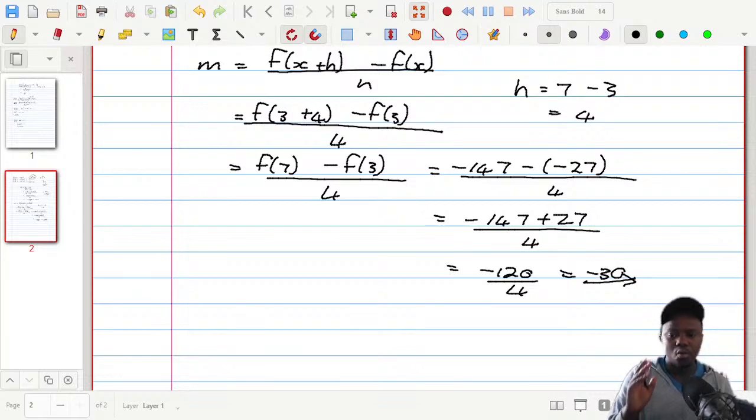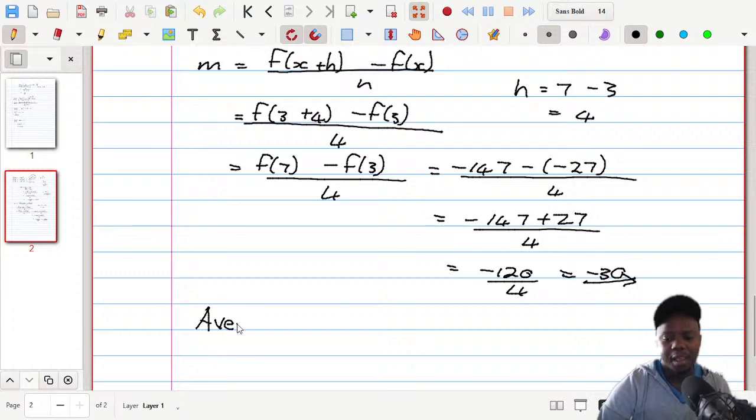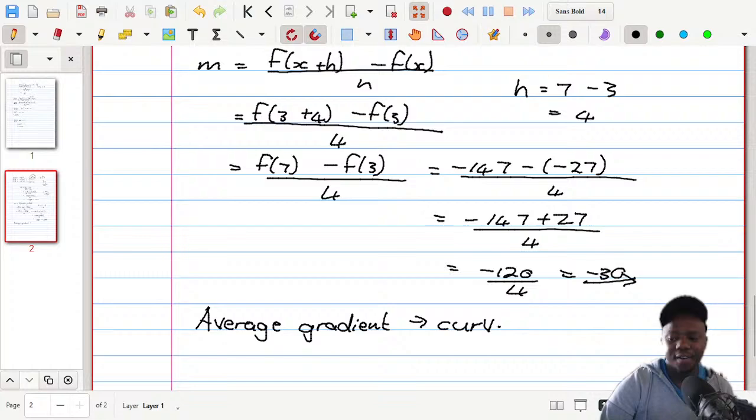Once again, remember, average gradient, let me just write it here. So, if you see average gradient, just know that average gradient applies to a curve. In other words, average gradient does not apply to a straight line. Now you might be thinking, wait a second, the formulas are exactly the same.